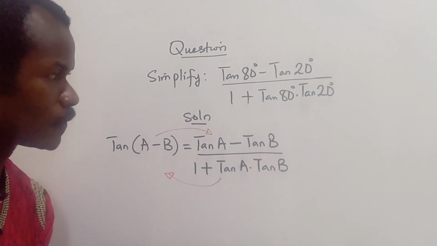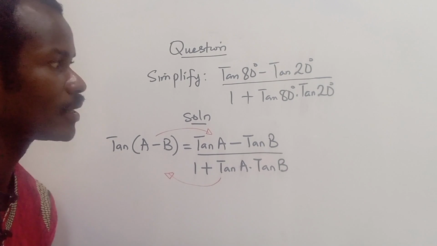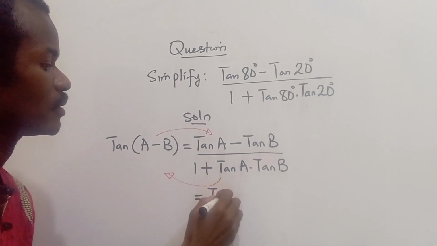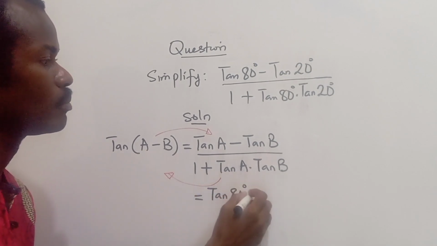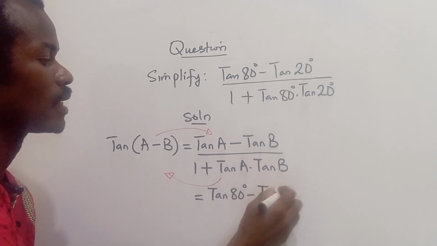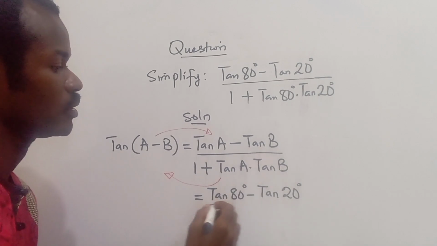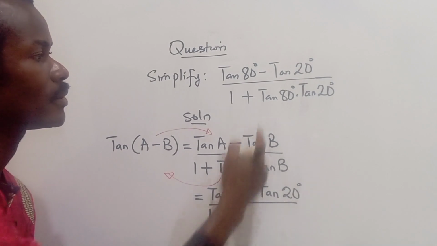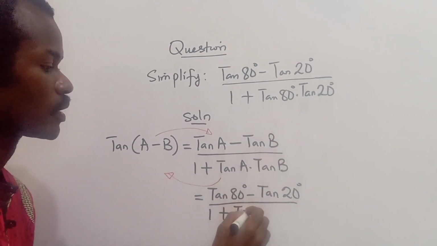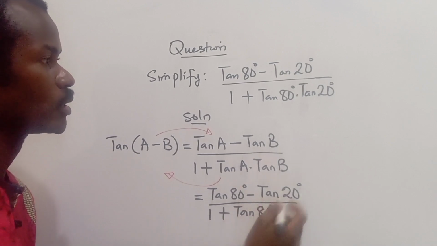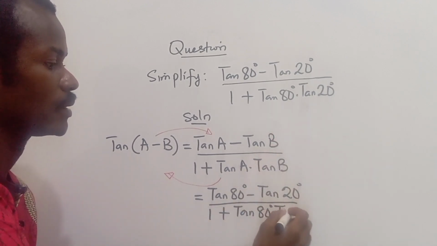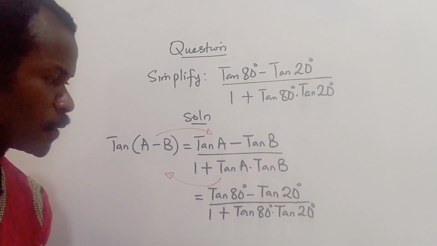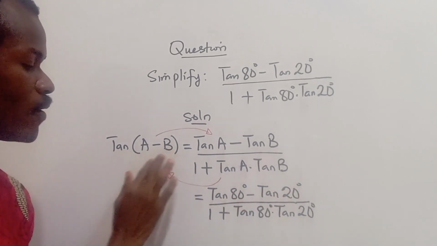So let me write this like this: we have tan 80 degree minus tan 20 degree, divided by 1 plus tan 80 degree multiplied by tan 20 degree.